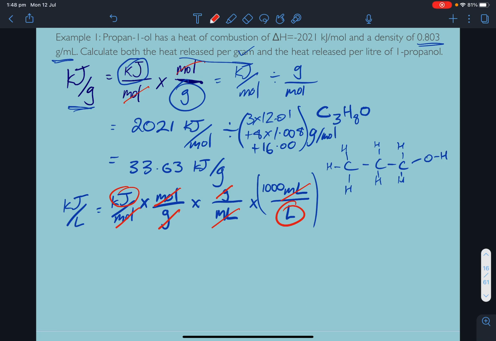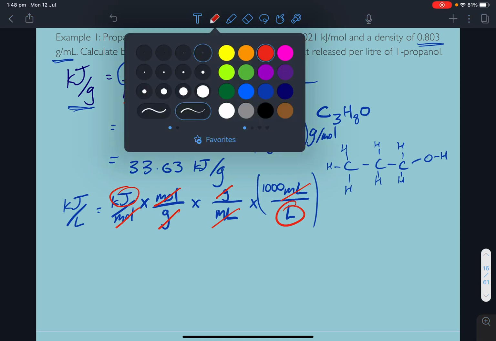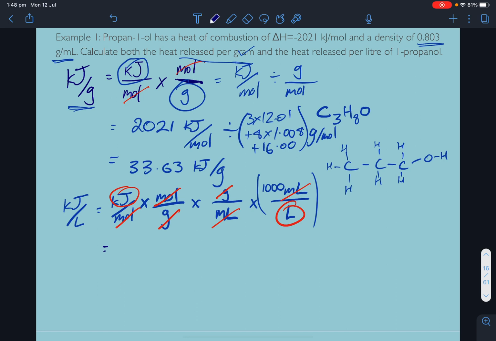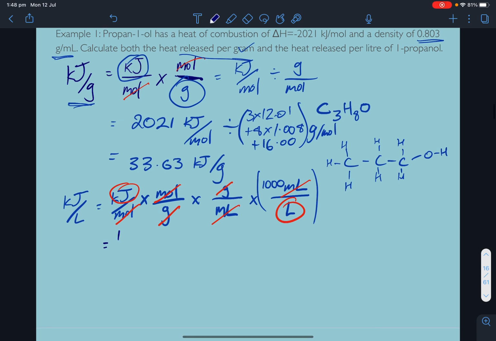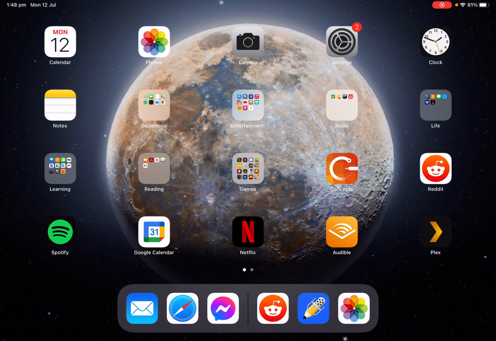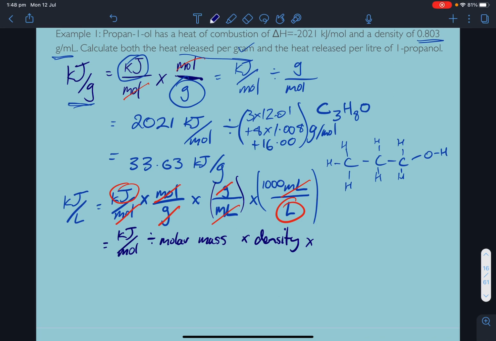So we're saying, by all my units cancelling out, take the kilojoules per mole, divided by the molar mass, multiply it by the density, multiply it by 1,000.